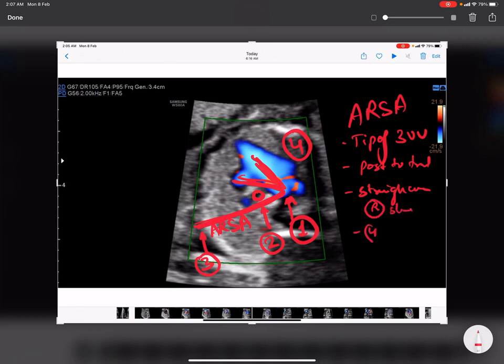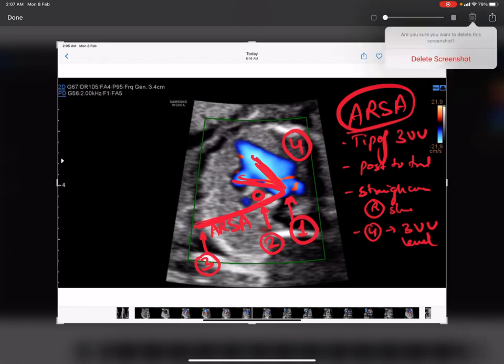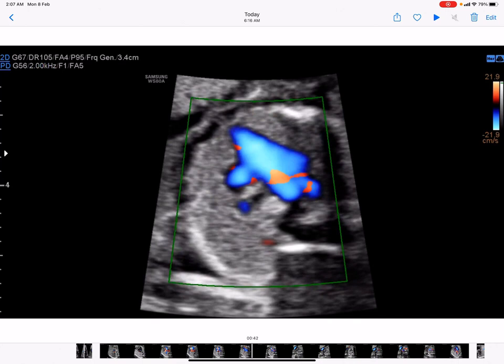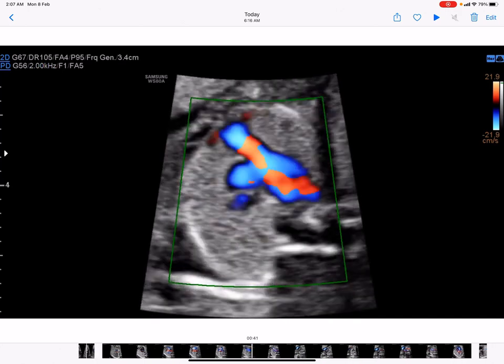And the fourth point is it would be seen at the level of the 3-vessel view. Okay, so these are the points that you have to remember. So this was a normal fetus, so no point of ARSA over here. This is just to demonstrate to you.